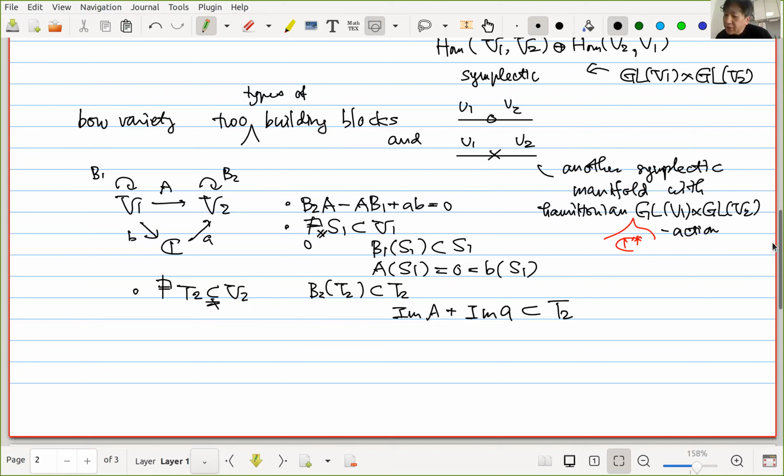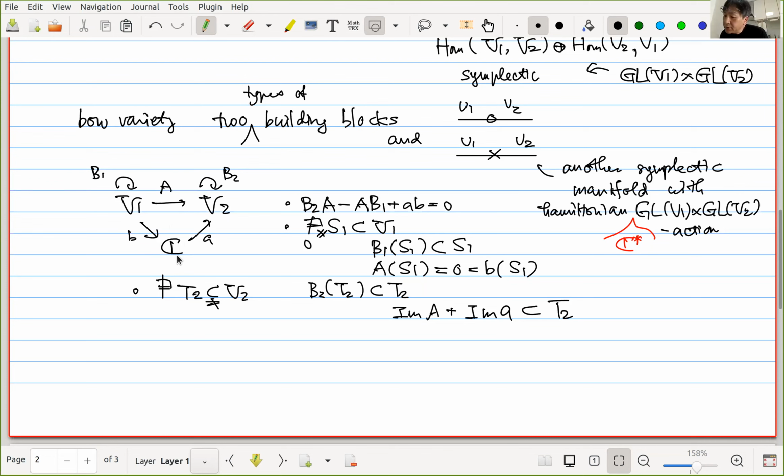As I said, I don't take any quotient. I just impose those conditions. So you have the action of GL V1 times GL V2. I don't explain what the symplectic form is; there is some explicit symplectic form on this. And this action of GL V1 and GL V2 is Hamiltonian. And also there is a sister action acting on this, the C in the bottom.